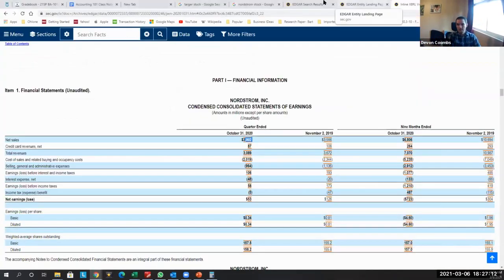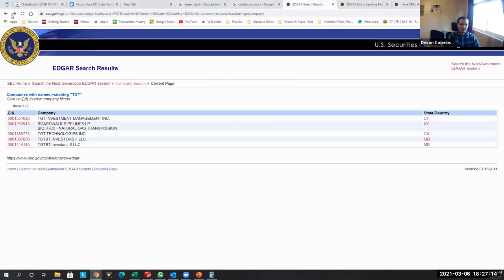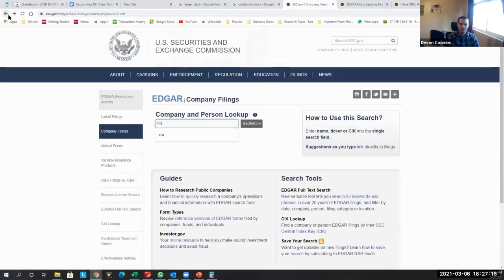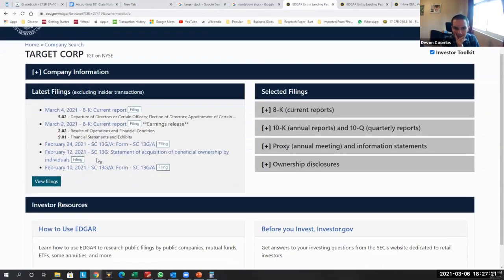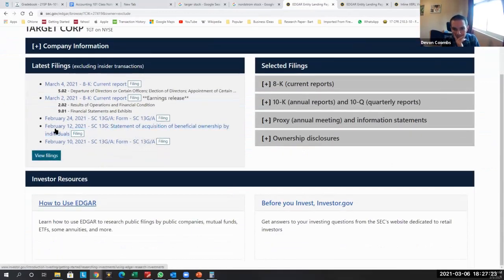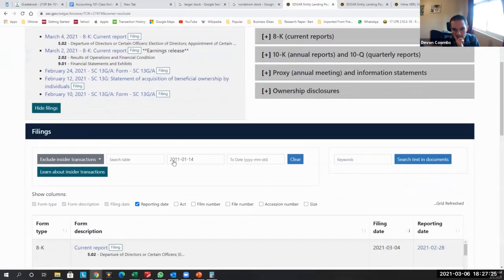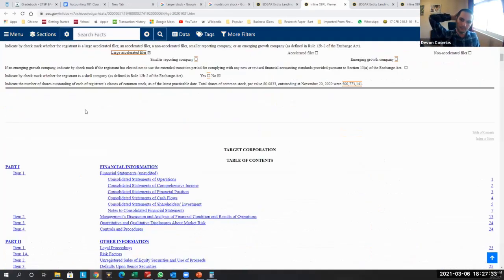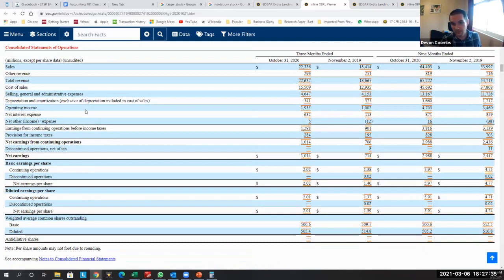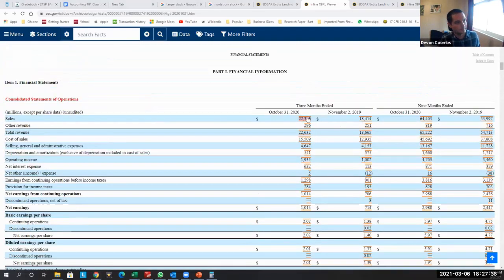Let's see, Target. We're looking at their 10Q, a quarterly report of all their financial information, just like we looked at for Nordstrom. We have to go to their sales. Their sales is 22,336.